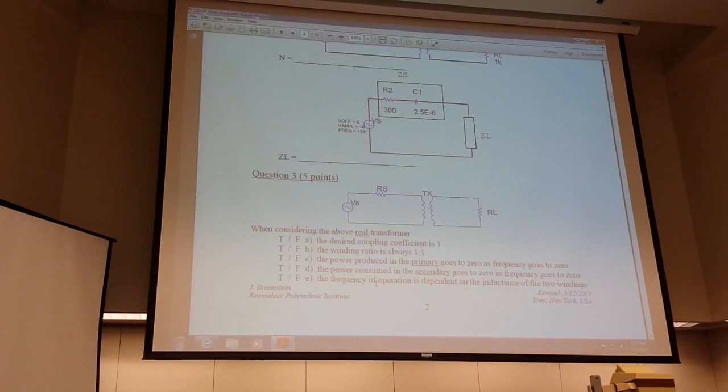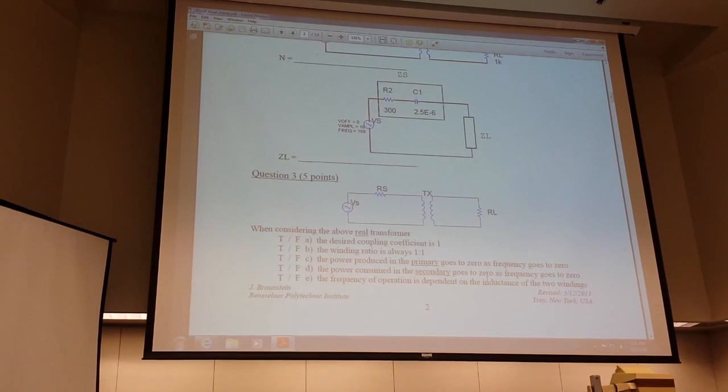Well, our T model is 3 inductors, and as frequency goes to 0, what happens? They short. Does the power produced in the primary go to 0 though? No. So there's an RS in there, we can drive current. The power consumed in the secondary goes to 0 as frequency goes to 0. Is that true? Yeah. It goes to 0. We're short-circuiting the load effectively. And if you did that circuit in PSpice, you would have seen that in the AC sweep.